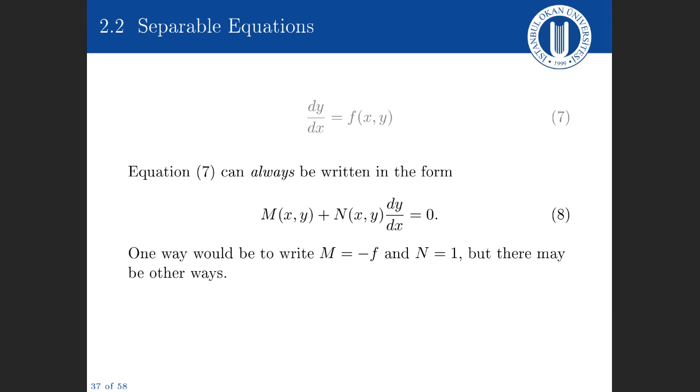The general equation, dy/dx equal to f(x, y), can always be written in the form some function M plus some function N, dy/dx equal to 0. One way to do this would be to use M equal to minus f and N equal to 1, but there are many other ways.